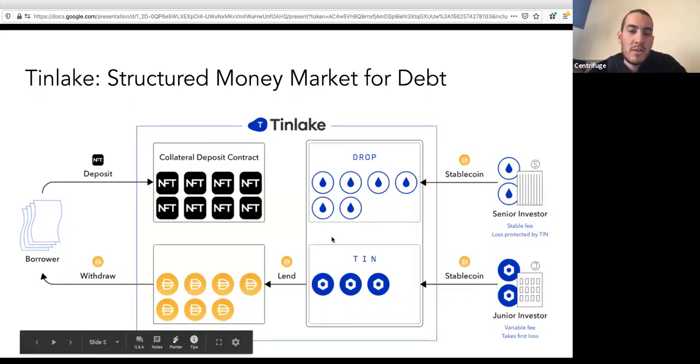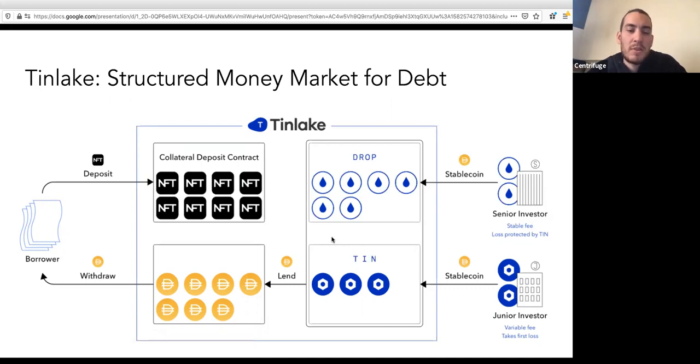And you create a different deployment for a different set of assets, where different investors could buy the drop and tin tokens that would have a completely different default rate. So when I talk about sometimes it's 80% advance rate, sometimes it's 70, sometimes it's 90, you would create a specific deployment for the kind of assets that you want to finance using Tinlake, and then set up these parameters for each one of these deployments.